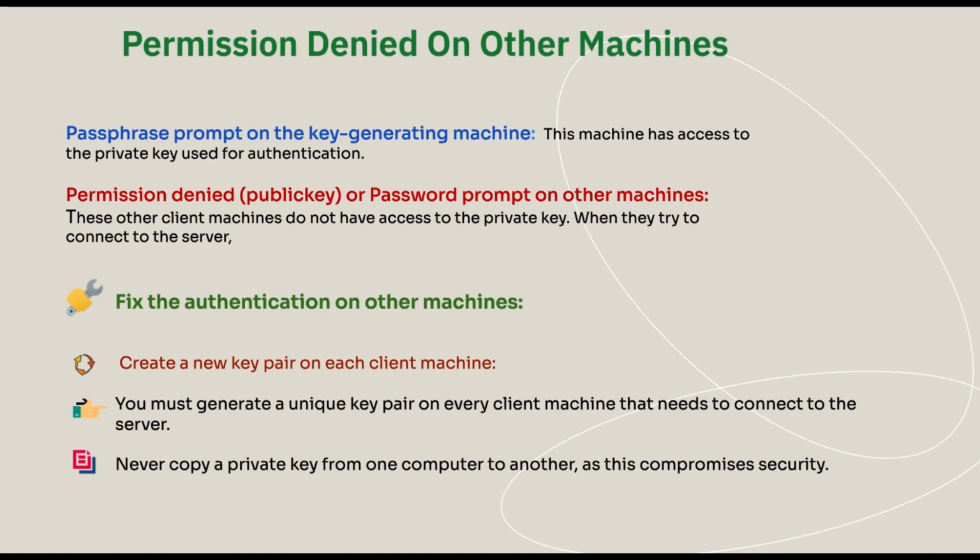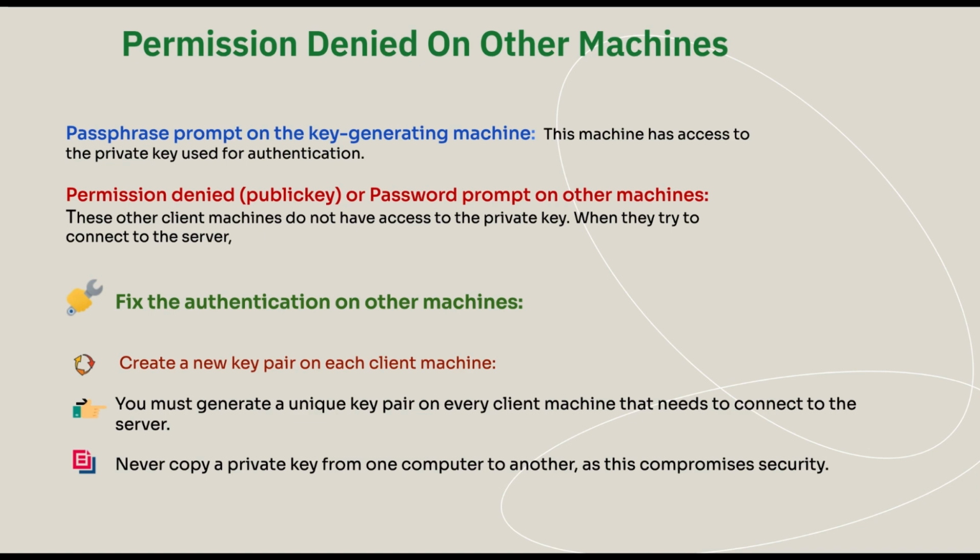Permission denied on other machines because the password is prompted on the key generation machine. Correct. This machine has access to the private key and uses it for authentication, so you can access the server from the generated machine. But there is permission denied or a password prompt on other machines because those machines do not contain any private key information.